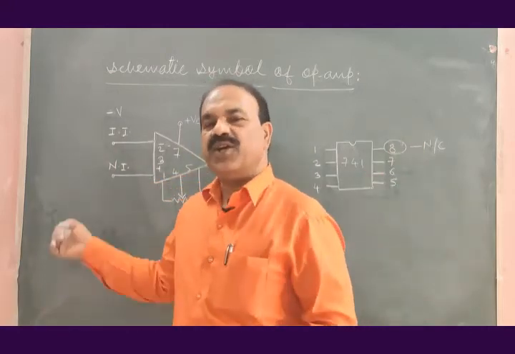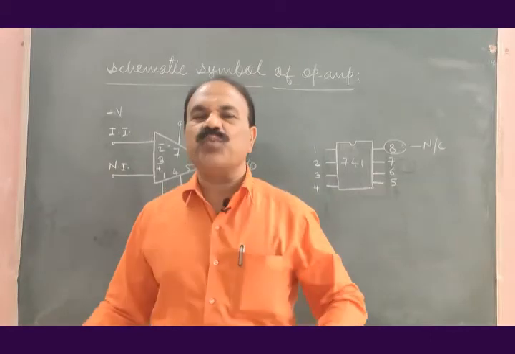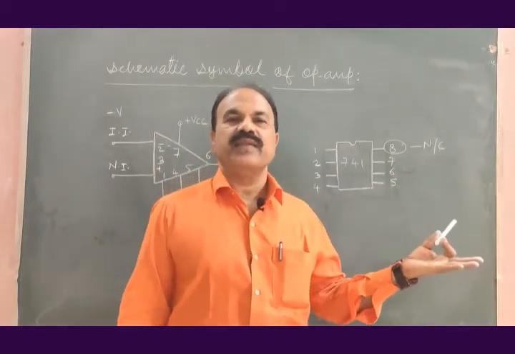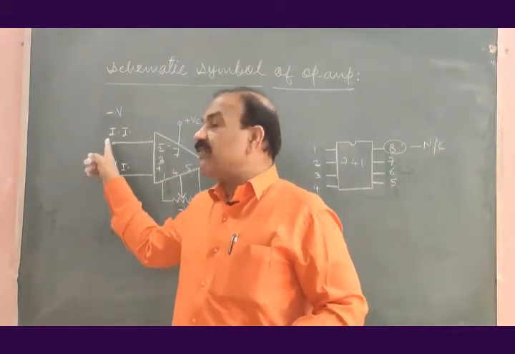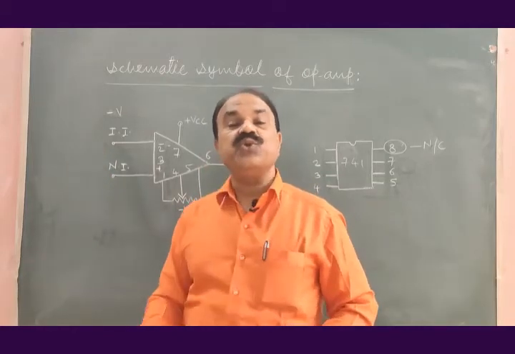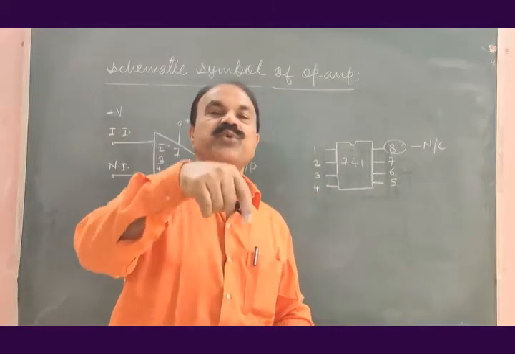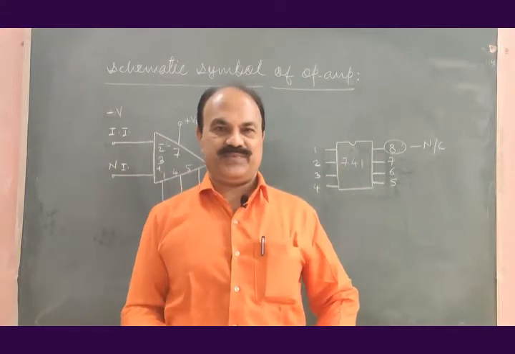If you apply positive voltage at the inverting input, output will be negative. If you apply negative voltage at the inverting input, output will be positive. It means that the inverting input is used to invert the input voltage at the output.